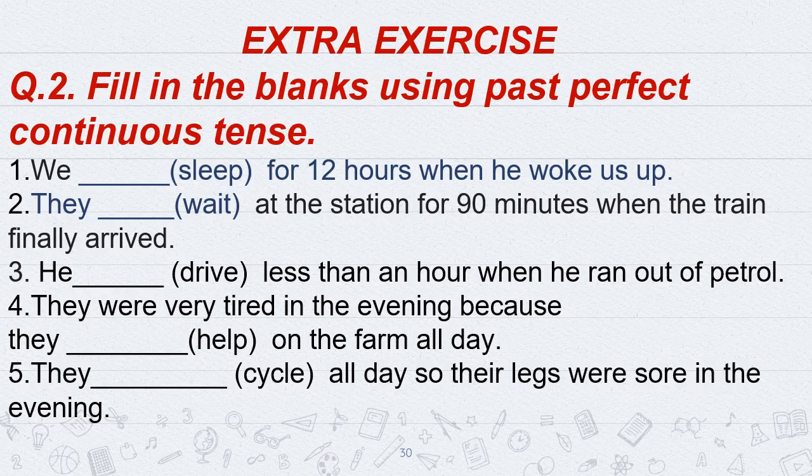Third, he dash (drive) less than an hour when he ran out of petrol. Fourth, they were very tired in the evening because they dash (help) on the farm all day. Fifth, they dash (cycle) all day so their legs were sore in the evening.